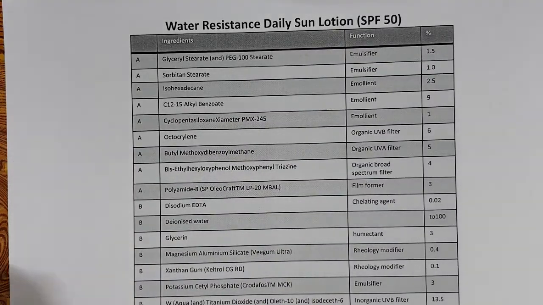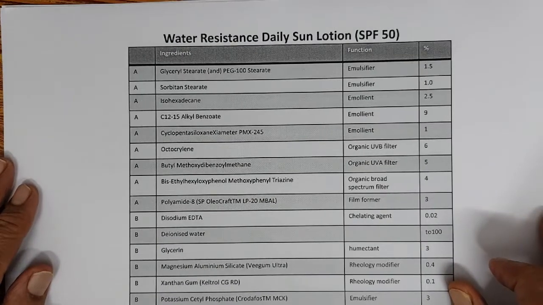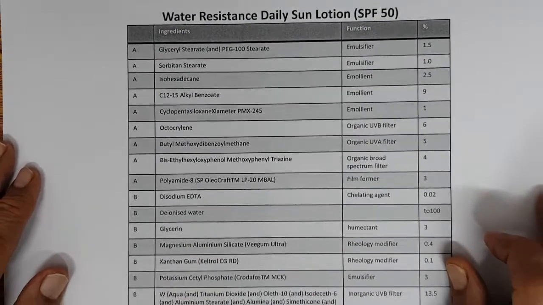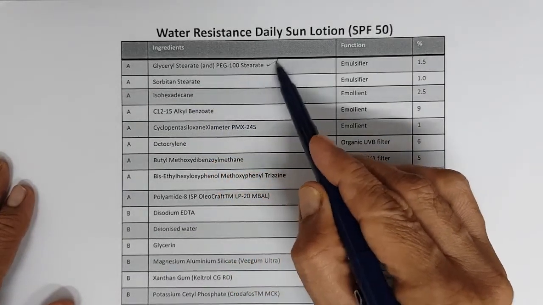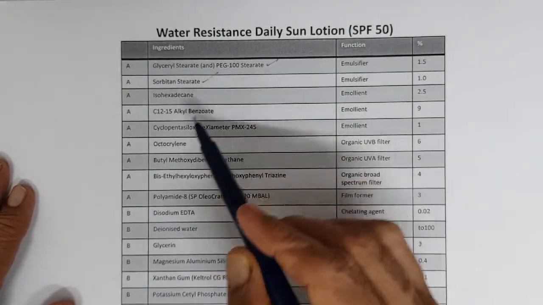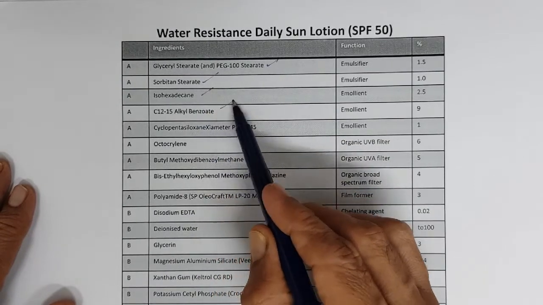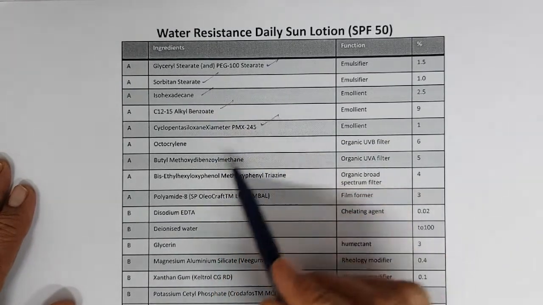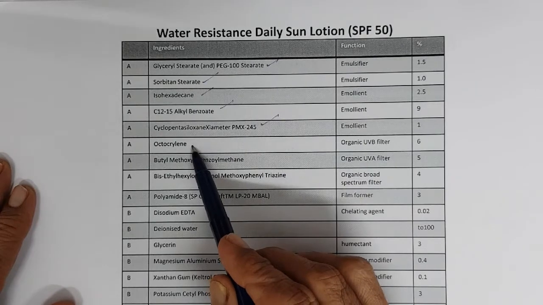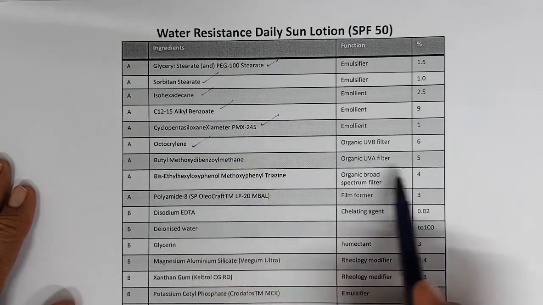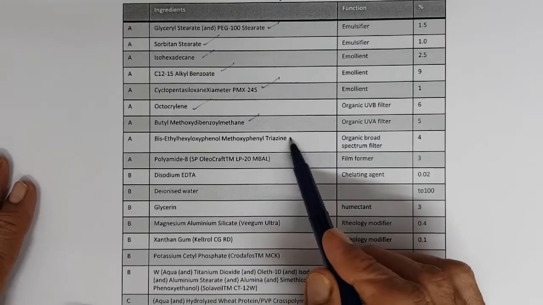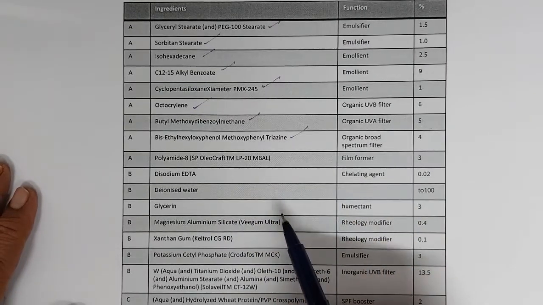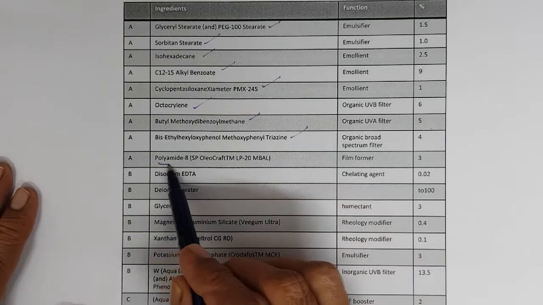These are the aspects. So, for example, the water resistant sunscreen lotion SPF 50: glyceryl stearate, PEG-100 stearate, emulsifier, emollient, no, it's a UVB sunscreen, UVA sunscreen, no, this is broad spectrum UVA, UVB. This is a film former.